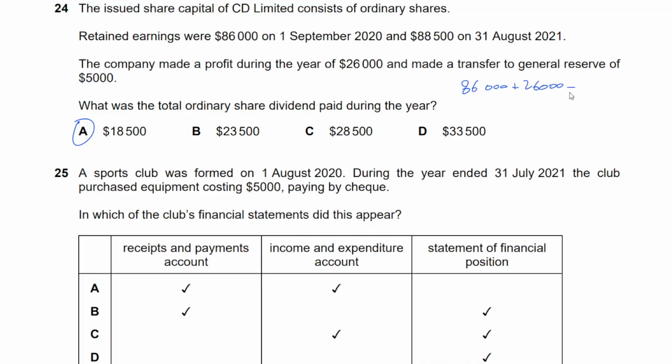You subtract any transfer to general reserve, 5,000, and you don't know the dividend figure, but we know it's going to be something subtracted, so minus X, and that overall gives you 88,500, the closing retained earnings. Opening retained earnings, closing retained earnings, there's a whole journey. Okay, do some basic algebra. 86,000 plus 26,000 minus 5,000 minus 88,500. That's 18,500.